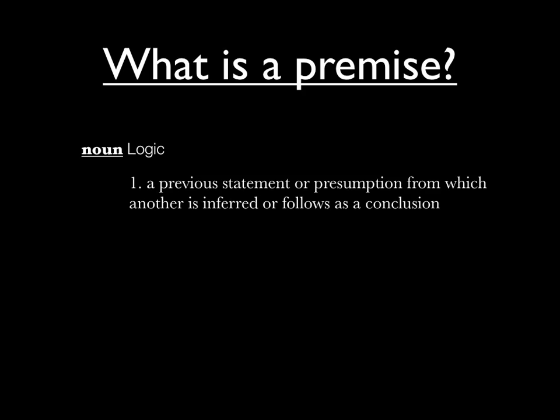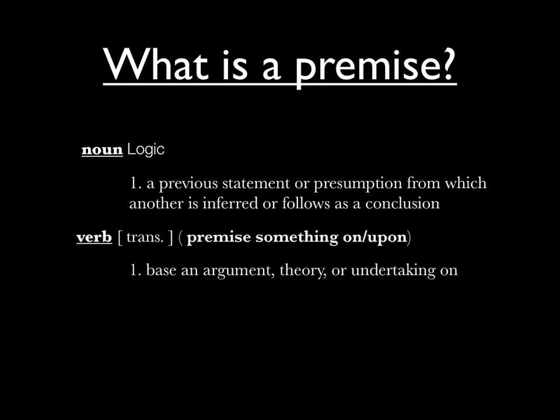In clearer terms, we could say it's an assumption from which another assumption follows naturally as its conclusion. As a verb, to premise upon something is to base an argument, a theory, or undertaking on. It's also to state, or to presuppose something to be a premise. So, basically what we're looking for is a type of theory that infers another theory.